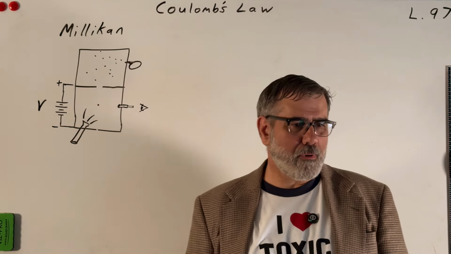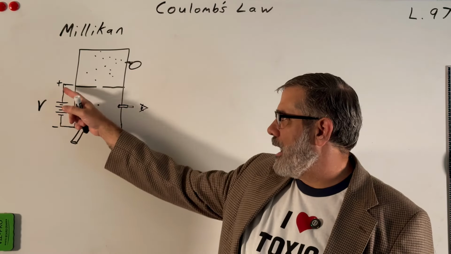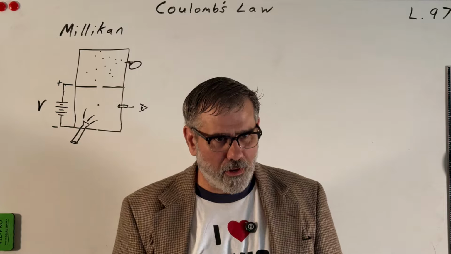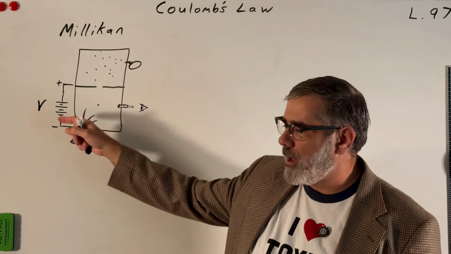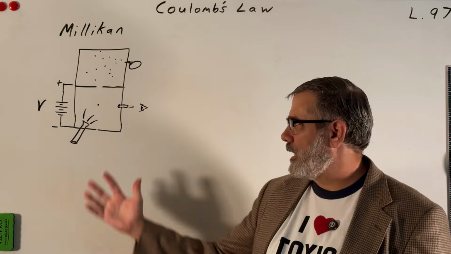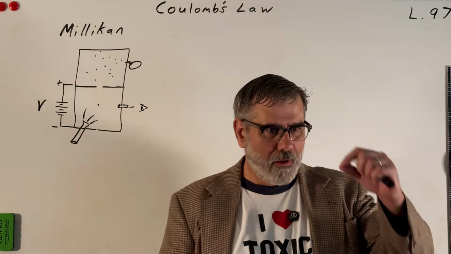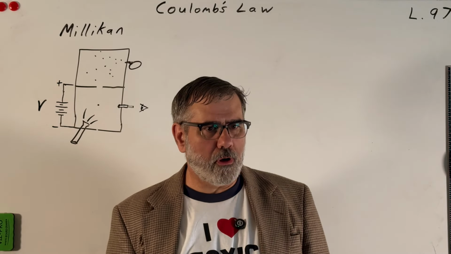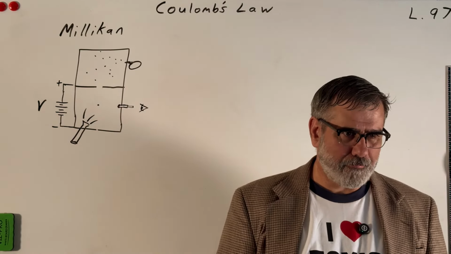Now, we haven't got to that aspect of electricity and magnetism yet, but if I charge this plate, if I put a battery here, and have a tunable voltage, like your volume knob on a radio, so I turn the rheostat to the right, it's going to change the amount of voltage between the two plates. This creates an electric field, which acts on that charge and can bring it to a stop. Okay, and we can measure how much voltage we put on that, and that will help us determine how much charge is on there, okay?